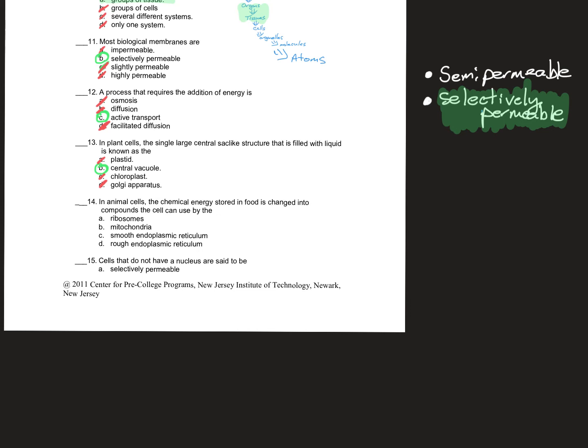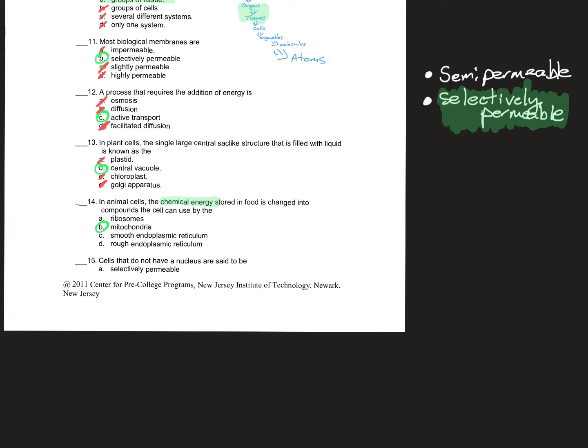In animal cells, chemical energy stored in food is changed into compounds that the cell can use by the mitochondria, right? What's the key word here? Chemical energy. As soon as you see chemical energy, you should be thinking mitochondria.